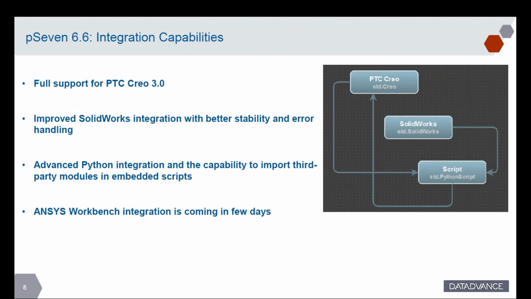Now let me tell a few words about updates in integration capabilities of pSeven. First of all, we officially added support for PTC Creo 3. So starting with this version, it can be used in workflows and is officially supported. Next, we improved integration with SolidWorks. Now it can be used with SolidWorks 15 and SolidWorks Simulation 15, and there is proper error handling.